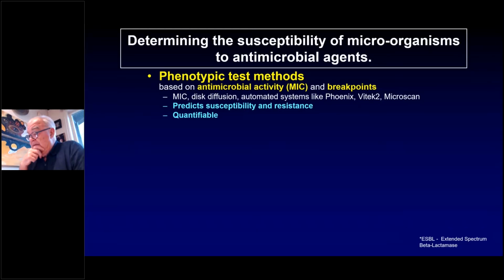Here we go. I just want to introduce today's session with a few words on what we are talking about. We're talking about antimicrobial susceptibility testing of microorganisms such as bacteria and fungi. We are going to talk about phenotypic susceptibility testing, which is based on the minimum inhibitory concentration, the MIC.